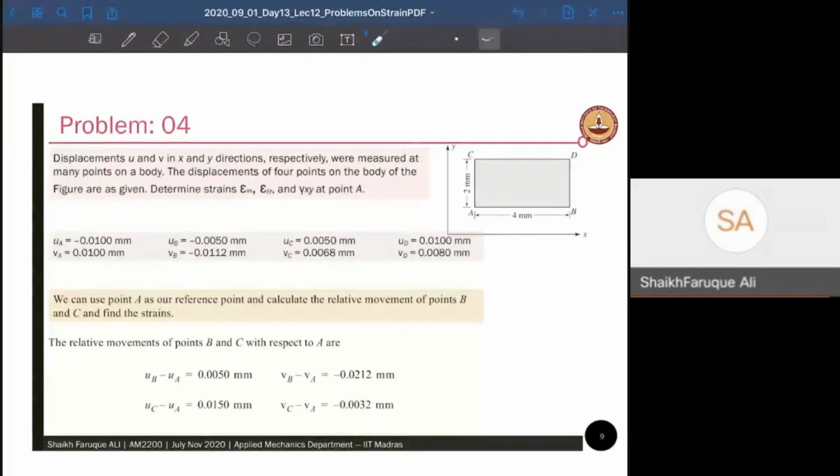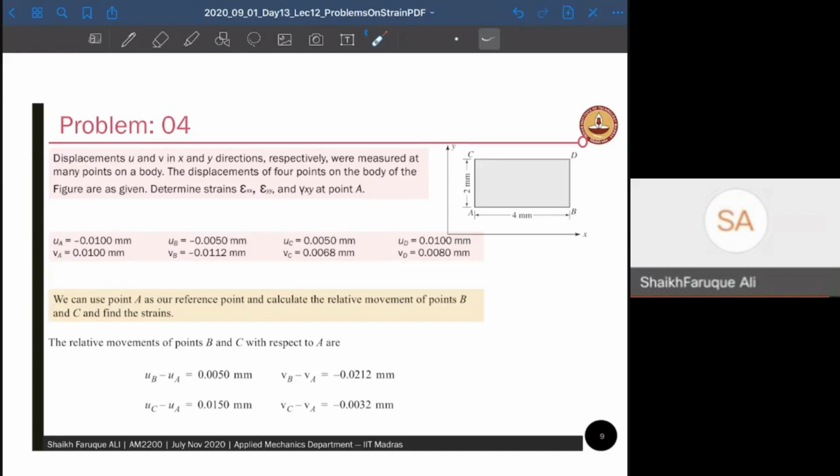This is also a problem of average shear strain. The problem is given that you have a material cross section A, B, C, D. The length of AB is 4 mm and AC is 2 mm, and it's a rectangular element, and it has been said that U and V are known.